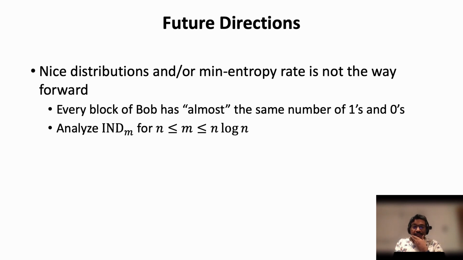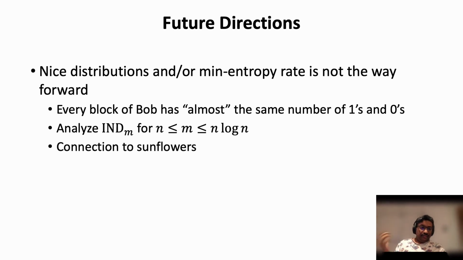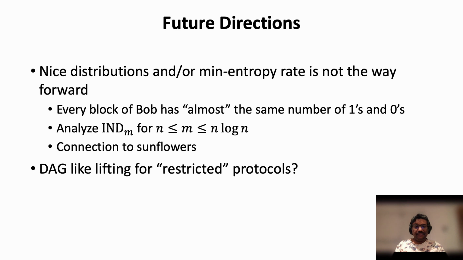So can you prove a lifting theorem with m equal to theta n? That's an interesting open problem. And the other thing is that a lot of the recent improvements in index gadget size came from the connection to sunflowers. So can we utilize this connection further to say something about the impossibility of improving the gadget size further?